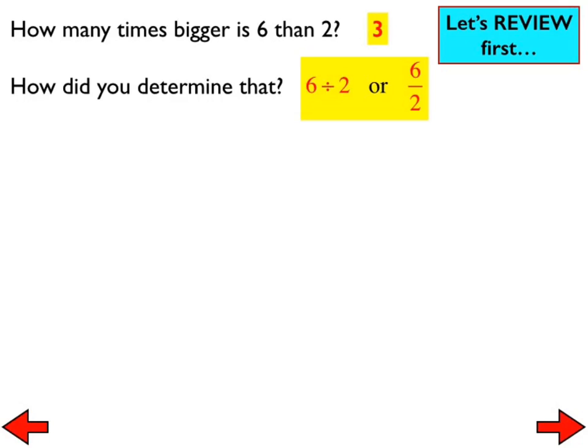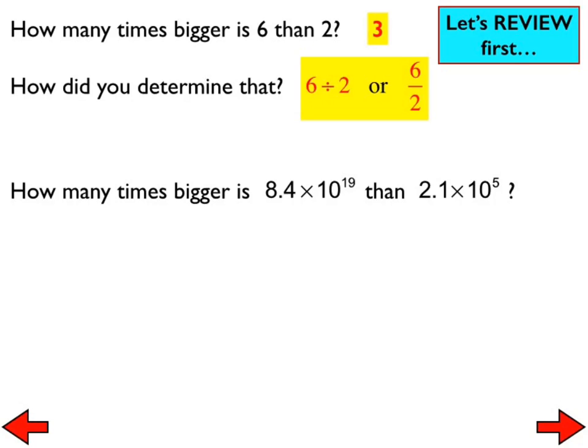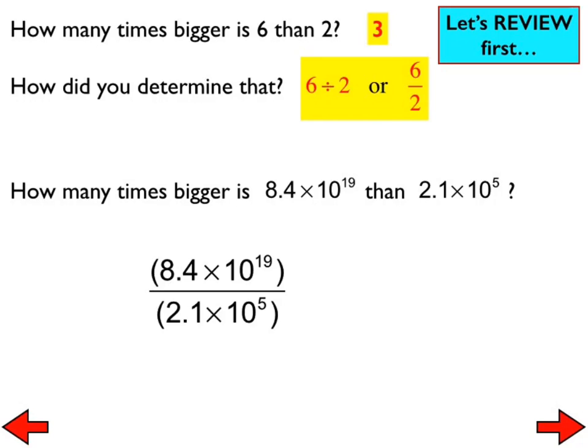So if we use that same sort of rationale, and this is a problem that we just did a few minutes ago, how many times bigger is 8.4 times 10 to the 19th than 2.1 times 10 to the 5th? It's very simple.